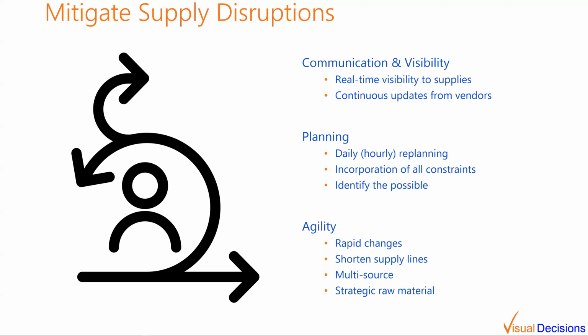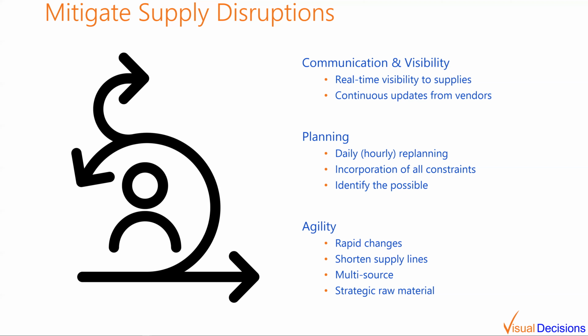And then being able to get near continuous updates from the vendors and being able to be tied into that essentially overall planning process for the supply chain, as opposed to each company just kind of protecting their own information. So anything that you can do to further those relationships with your suppliers is going to be beneficial. From a planning perspective, again, a lot of companies are still doing weekly planning on the supply chain.